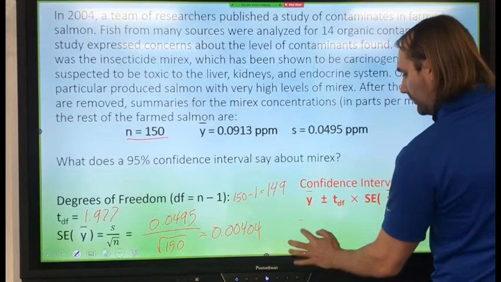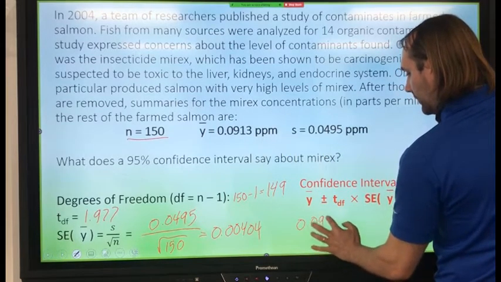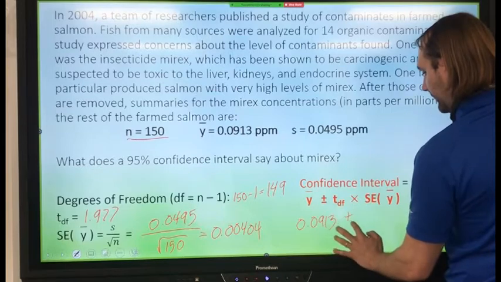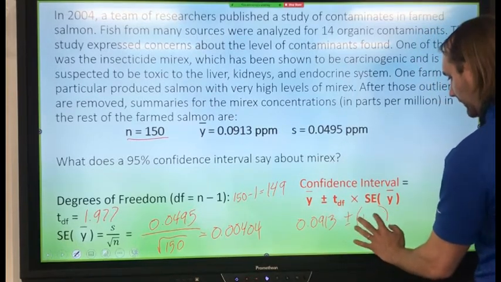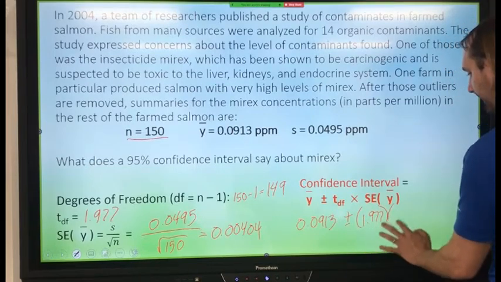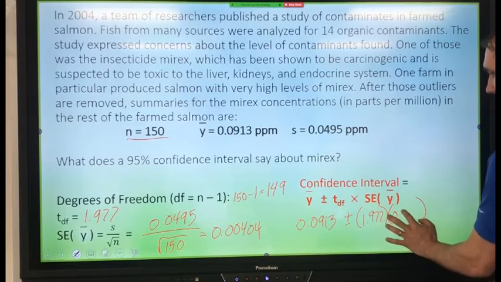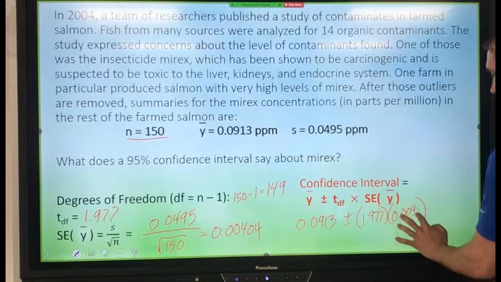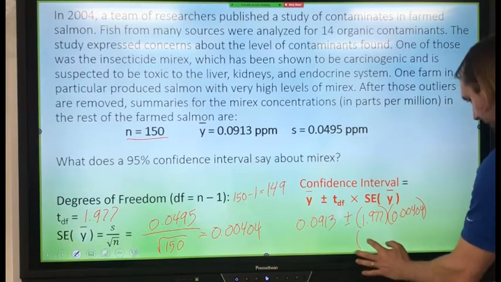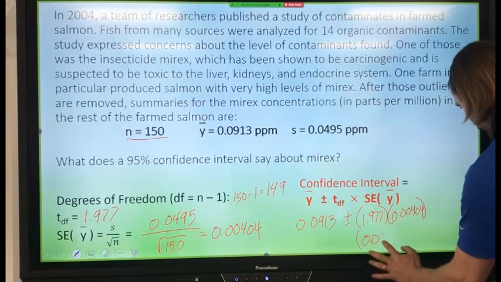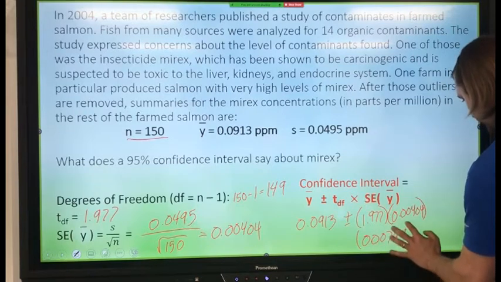So 0.0913 plus and minus the t value, which was 1.977, times 0.00404. This gives plus or minus 0.00799.